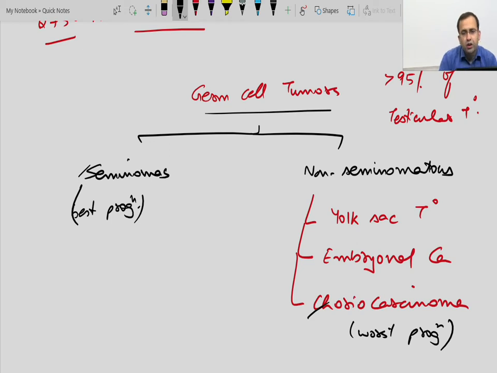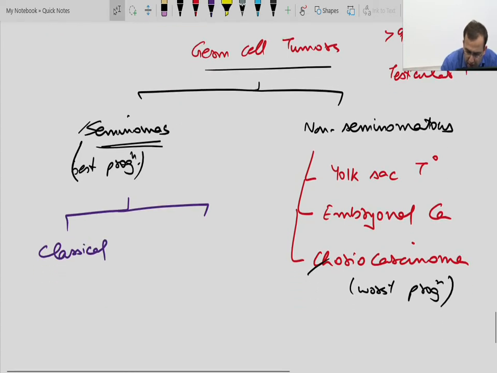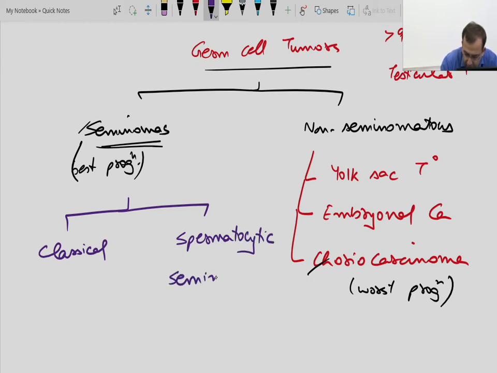Now a point to be noted here is that I can further classify seminomas of the testis into two types, the classical and spermatocytic seminoma. This is important. First point, you very well know seminomas have a good prognosis.